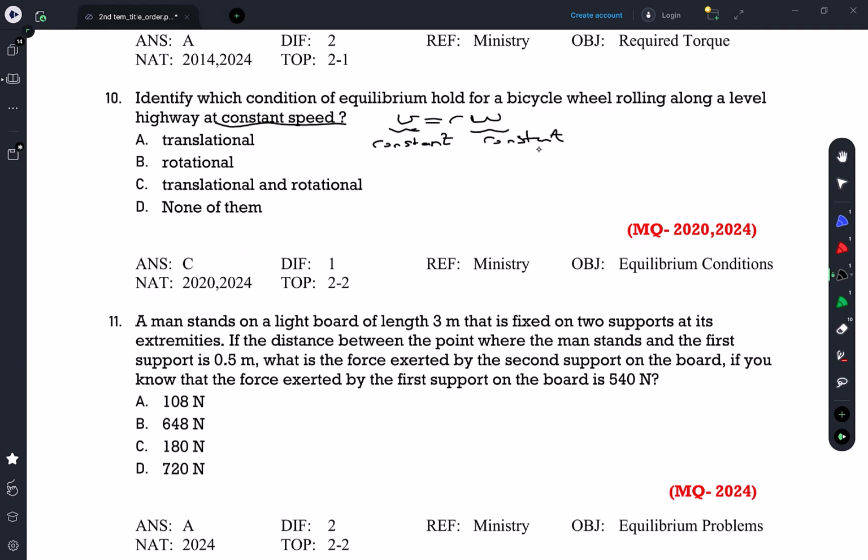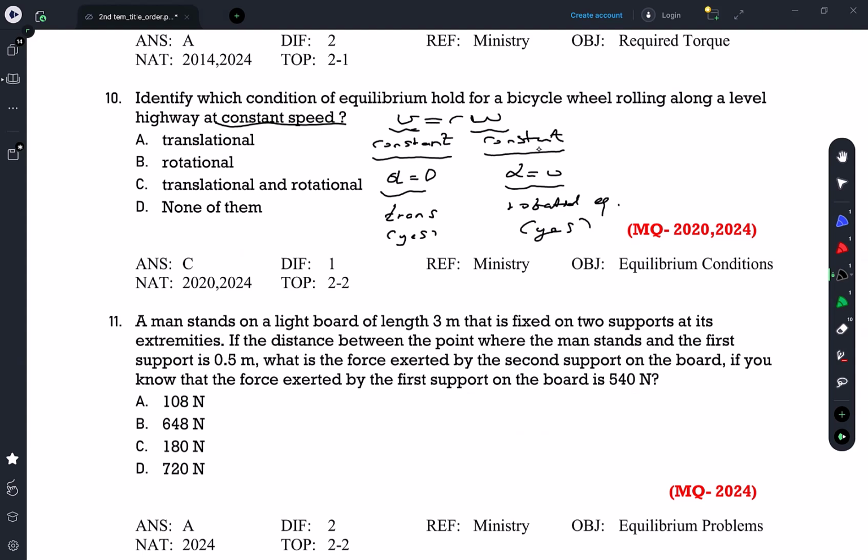If linear speed is constant, linear acceleration is 0. If angular speed is constant, angular acceleration is 0. If both accelerations are 0, that means complete equilibrium. Linear acceleration 0 means translational equilibrium exists. If alpha is 0, rotational equilibrium is yes.